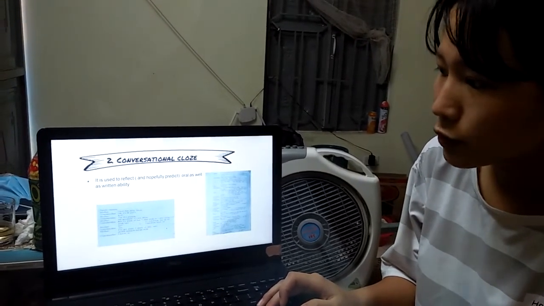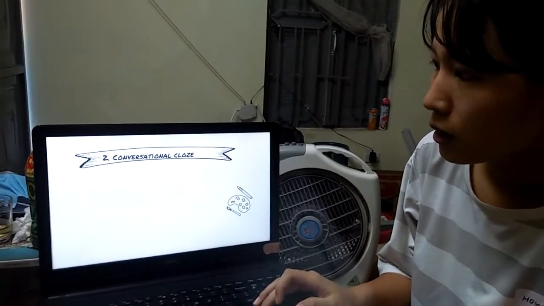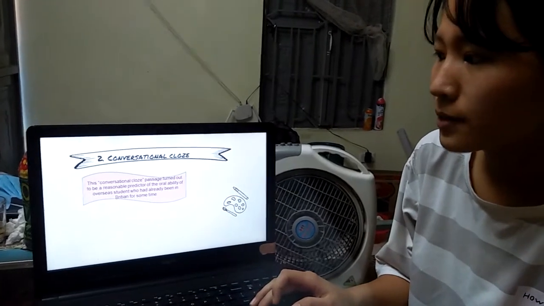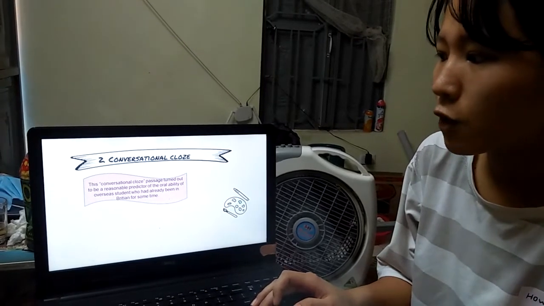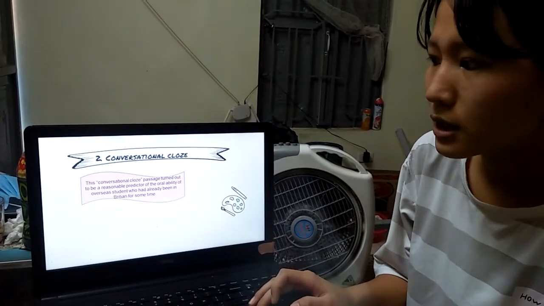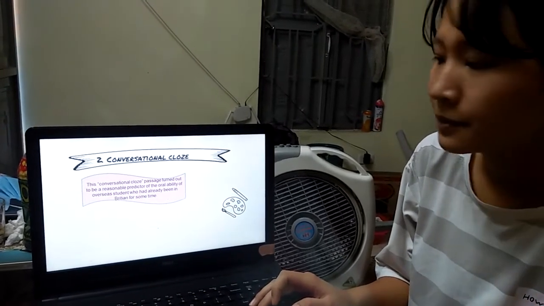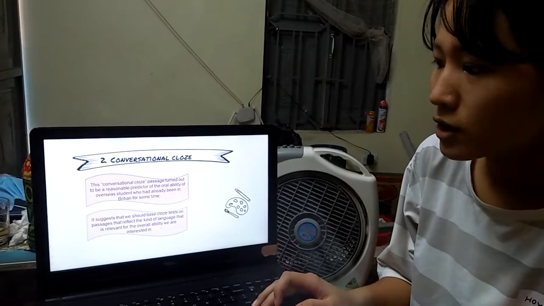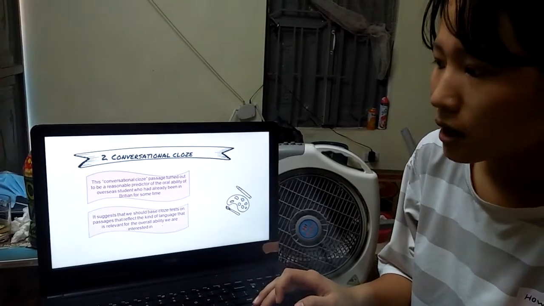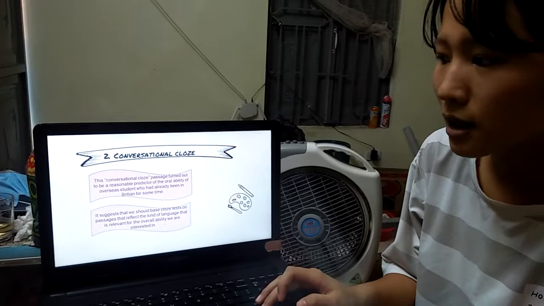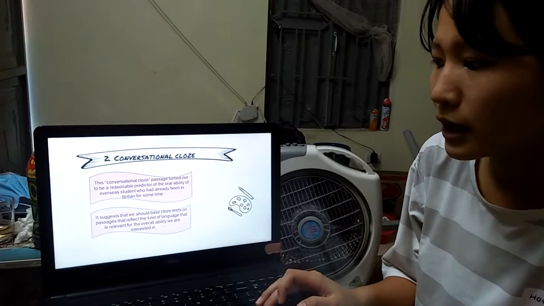And there are two examples. Can you see? The conversational cloze practice turned out to be a reasonable predictor of the overall ability of overseas students who have already been in Britain for some time. It suggests that we should pay close attention to texts that reflect the kind of language that is relevant for the overall ability we are interested in.